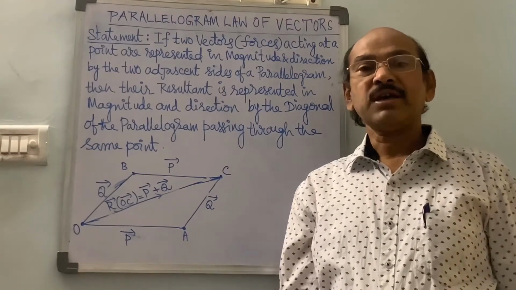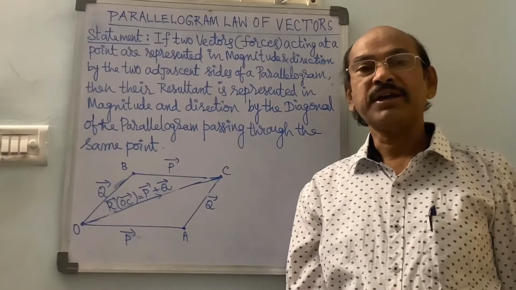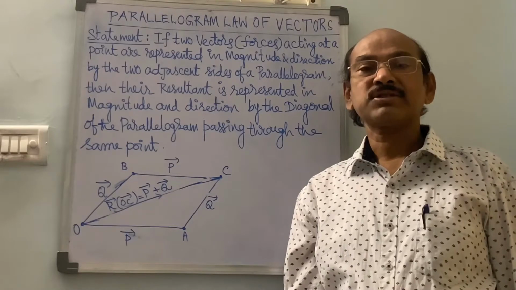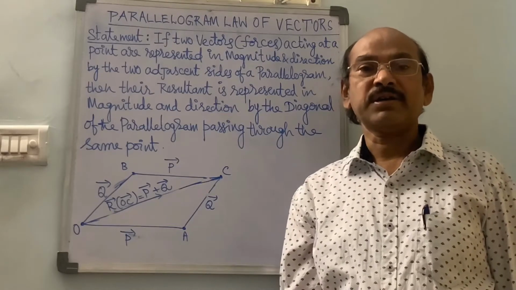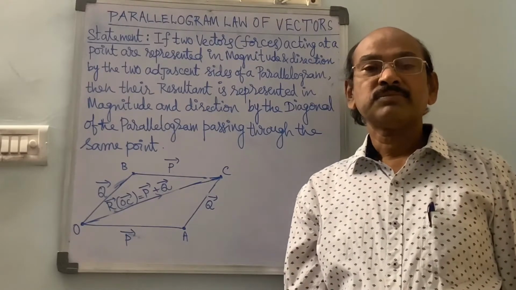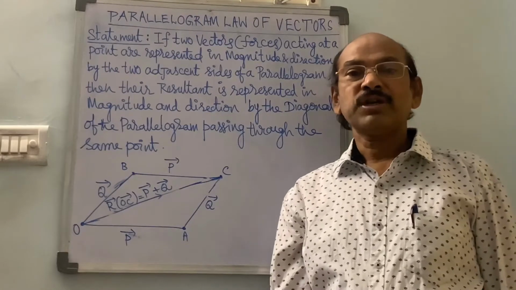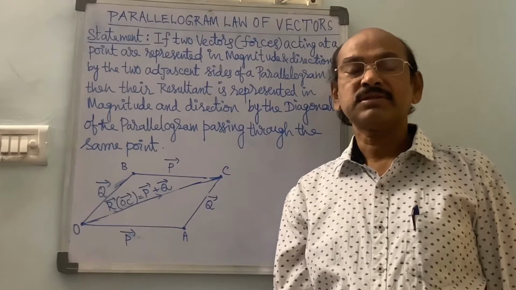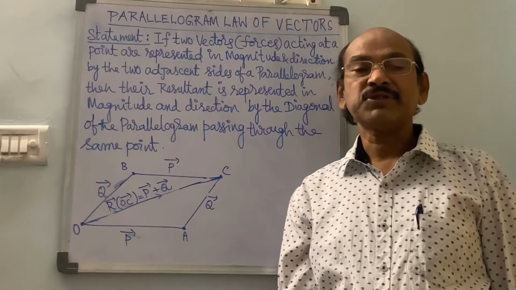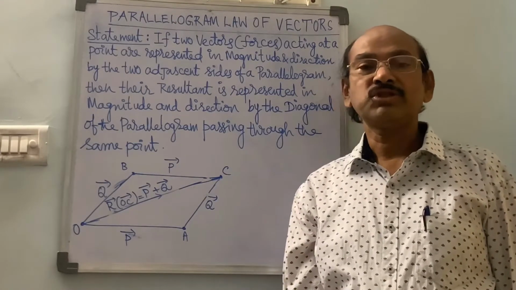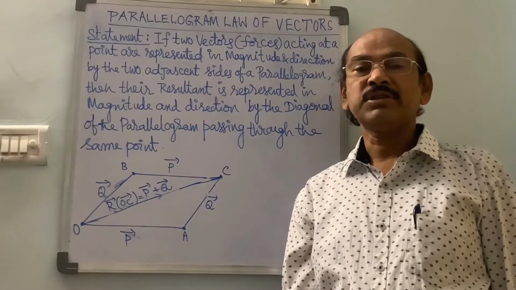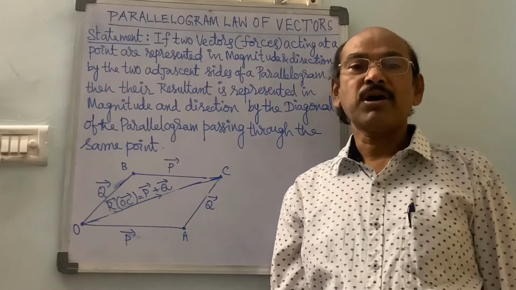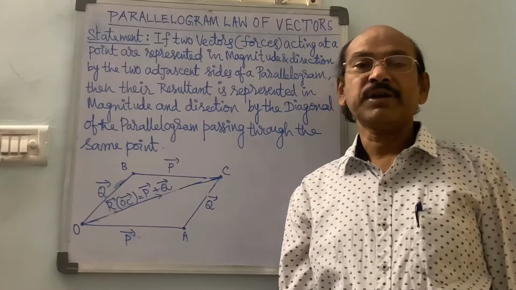In the previous class, we discussed how to find the resultant of two vectors using triangle law of vectors. Generally, by adding the second vector's tail to the head of the first vector and joining the first vector's tail with the head of the second vector, we obtain the sum or resultant of two vectors.